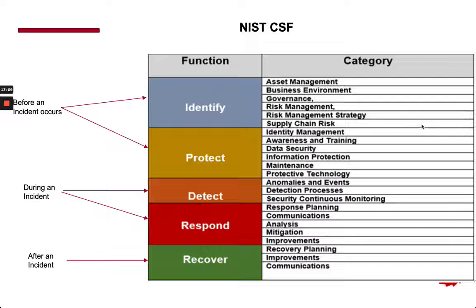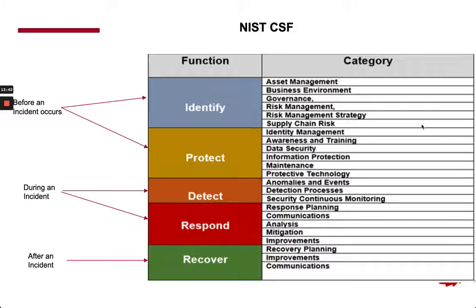These functions are not intended to form a serial path or lead to a static desired end state. Rather, they should be performed concurrently and continuously to form an operational culture that addresses dynamic cybersecurity risk. Identify and protect are before an incident occurs. You have all the preventative controls: identity and access management, policies, standards, asset management, supply chain risk. All of those become identify and protect.